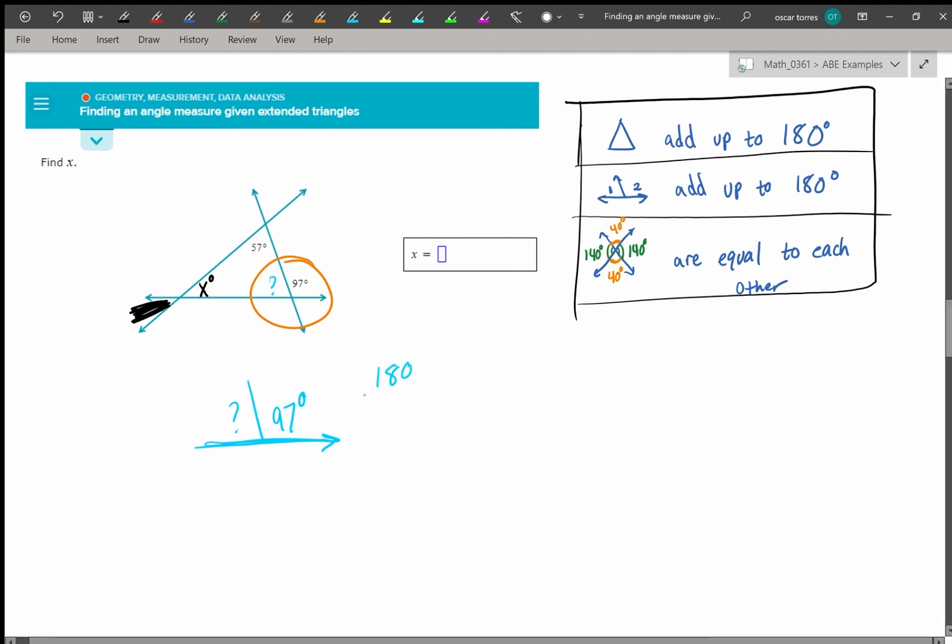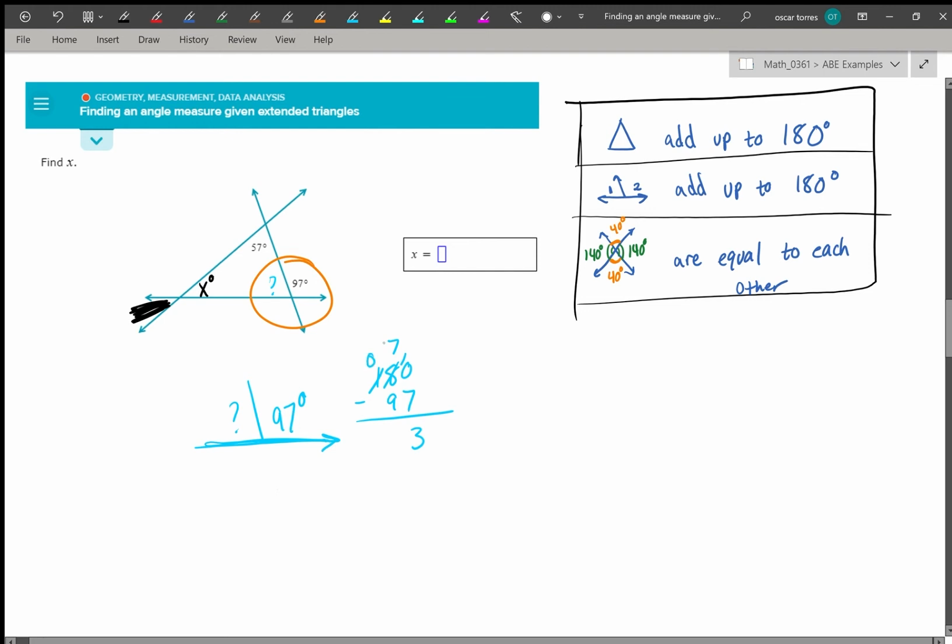So what we can do is subtract this 97 from 180. So 180 minus 97. If we work this out, we can't do 0 minus 7, so we borrow 1 from the 8. That becomes a 7. The 0 becomes a 10, and 10 minus 7 is a 3. If we try doing 7 minus 9, we can't do that, so we borrow from the next value.